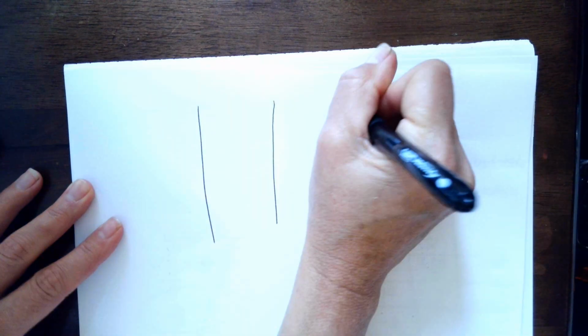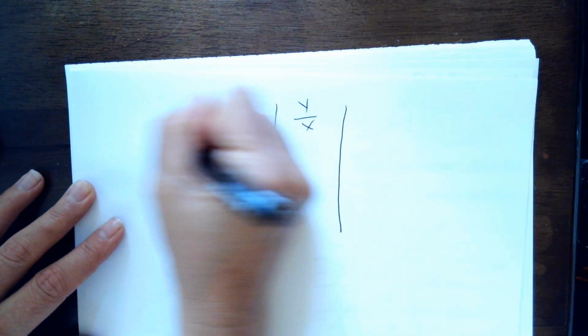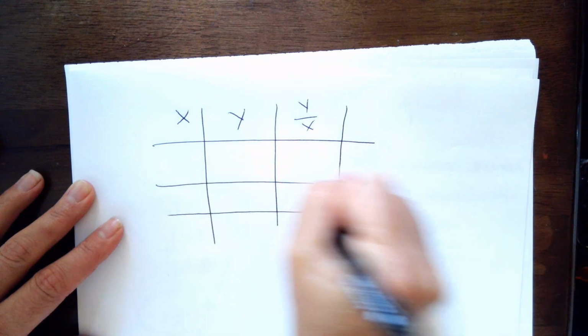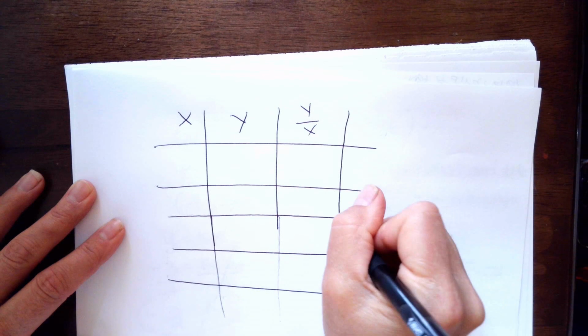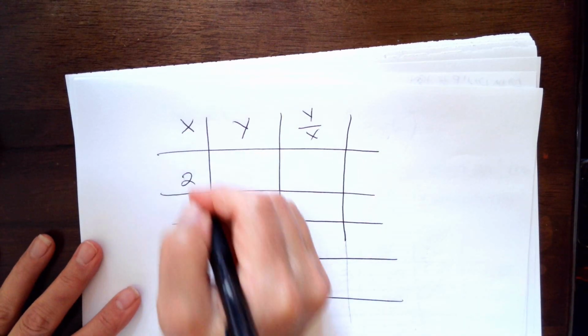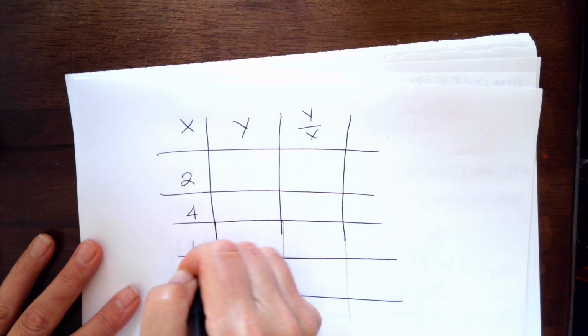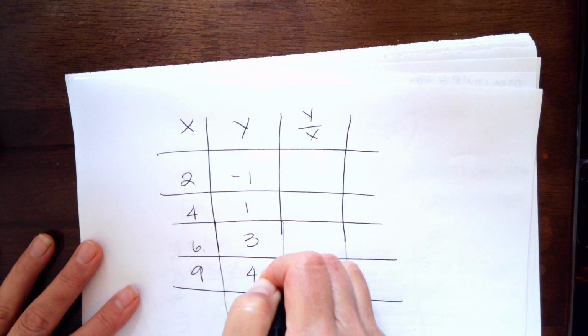We're going to do another one. This is x, y, y over x, and you're going to do the whole thing. I will give you the points: 2, 4, 6, and 9 for x, and negative 1, 1, 3, and 4.5 for y.